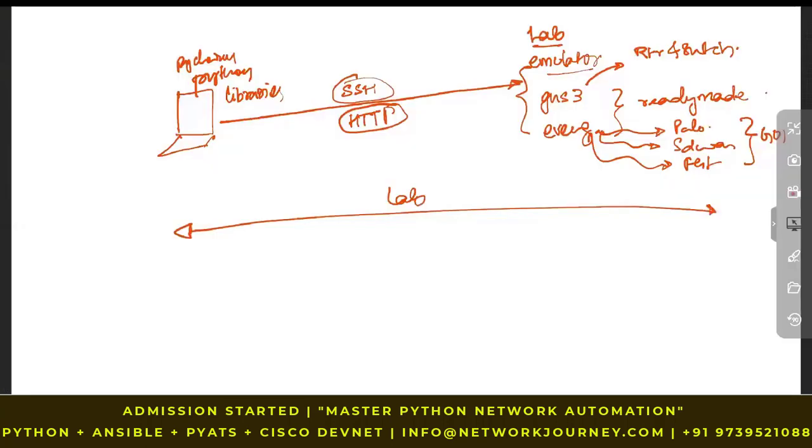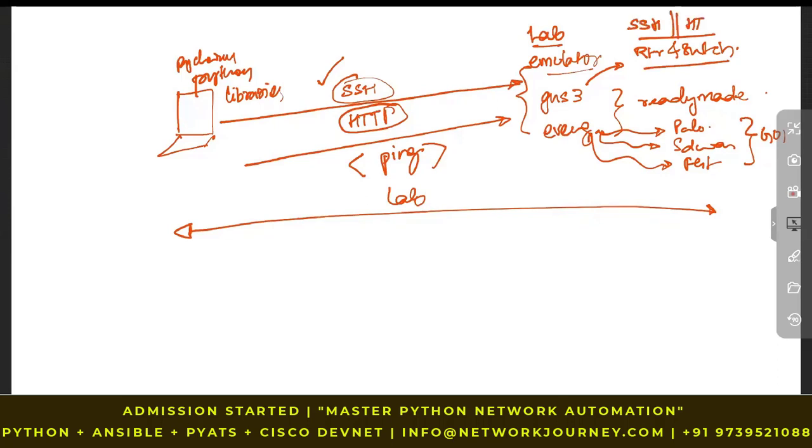So you are able to make a ping communication. If you have the ping communication, then you can initiate whatsoever has been enabled. If you have enabled SSH or HTTP, you should be able to talk. So first thing, always make sure you have basic connectivity. If you do not have basic connectivity, there is no point of talking about automation.